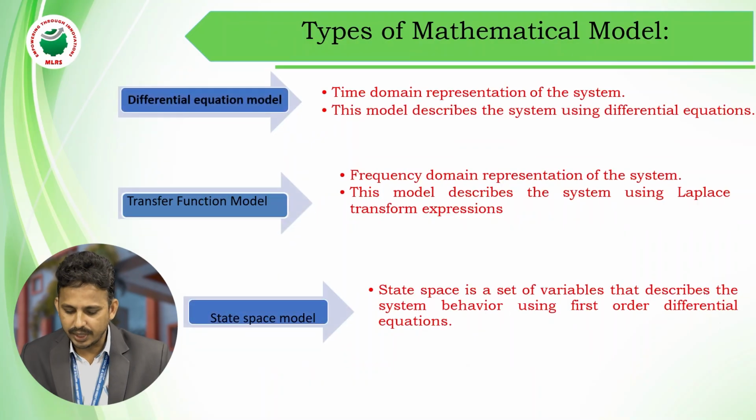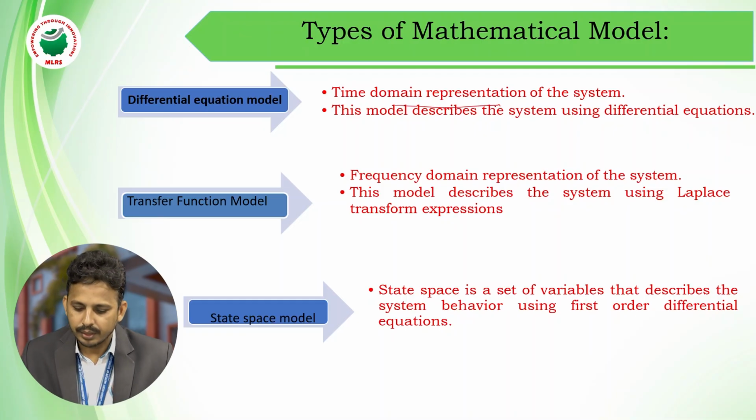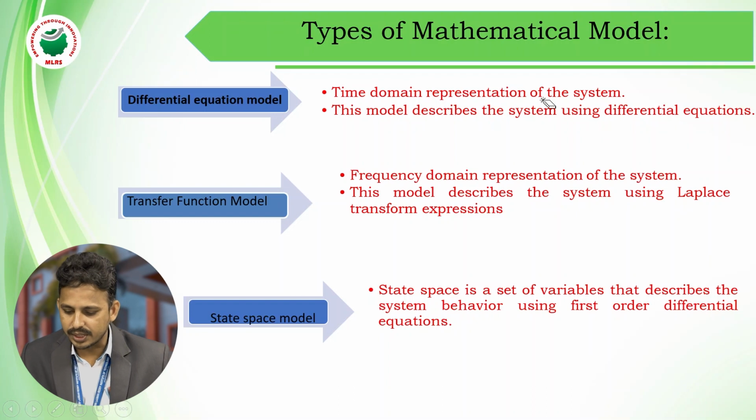So types of mathematical modeling: differential equation method, transfer function method, and state space model. The differential equation method is a time domain representation of a system, and this model describes the system using a differential equation.